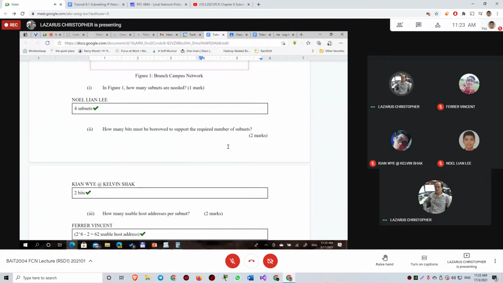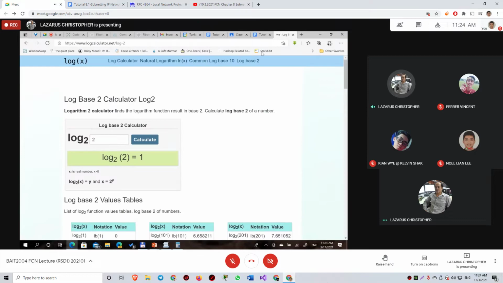No, it's 2 bits. 2 power 2 is 4. We get 4 subnets, so yes, correct, 2. So borrow 2 bits.